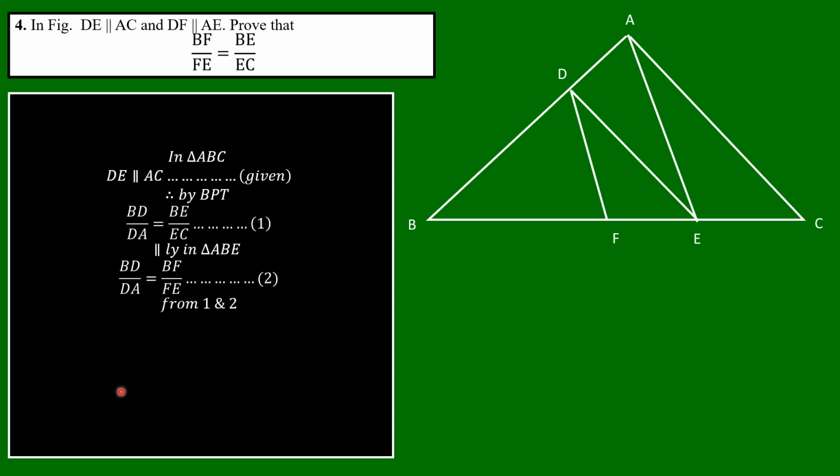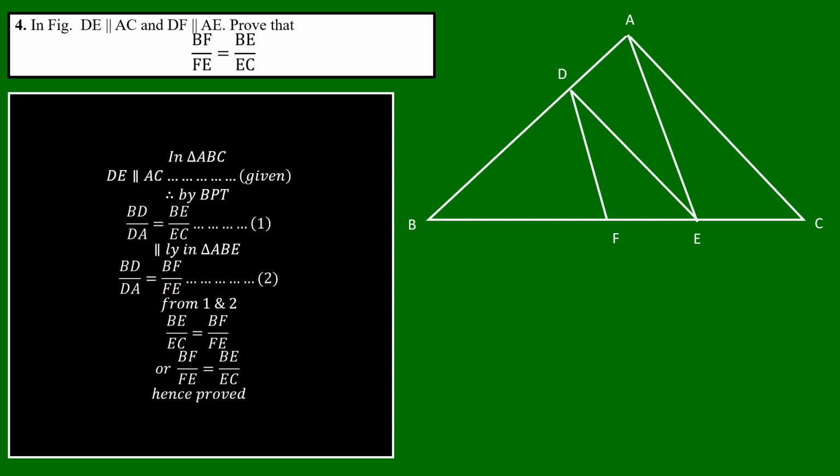So from 1 and 2 equations we see that BD upon DA is equal to BE upon EC as well as BF upon FE, which means BE upon EC is equal to BF upon FE. This is what we need to prove, BF upon FE is equal to BE upon EC, right? They both are equal.